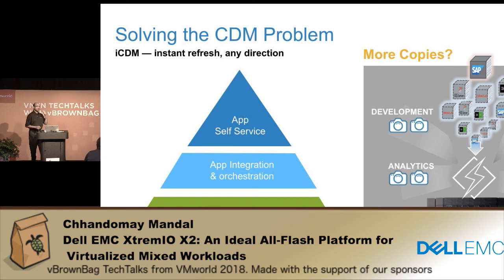With XtremIO's scale-out performance and the XVCs, not only do we make sure you can run all these workloads, all the copies, on the same platform, but we also offer orchestration and automation with applications like Oracle, SQL Server, etc., so that the application admins can create those copies, and also schedule, refresh, and roll back. Using the REST APIs, you can automate these processes to create self-service for your IT admins.